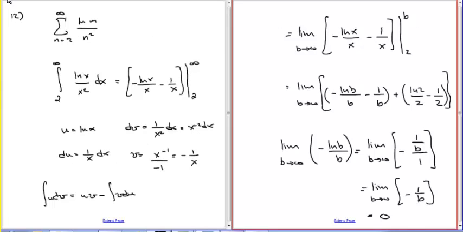So what do we need to fix in this whole thing? That's cubed. So that's cubed. Okay, so this is 1 over x cubed.